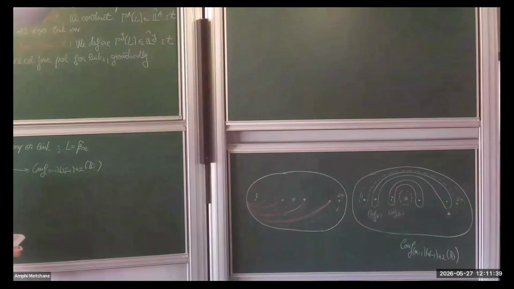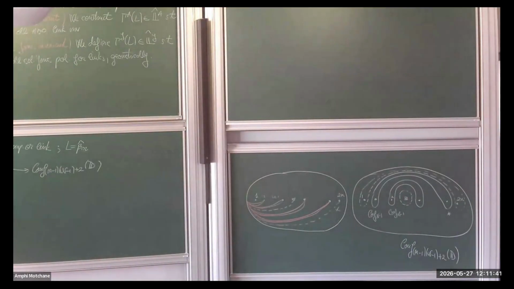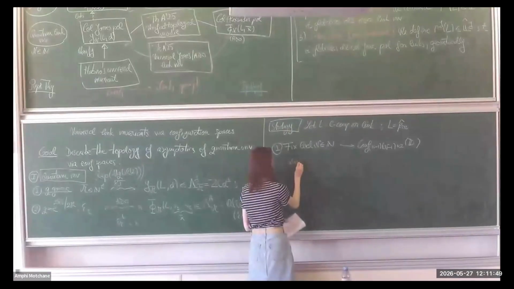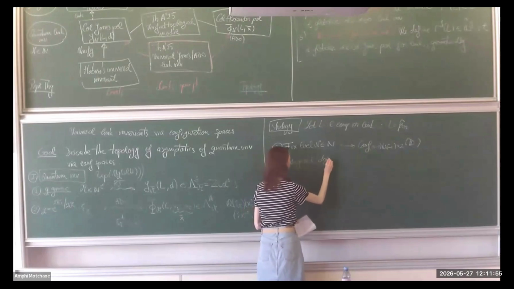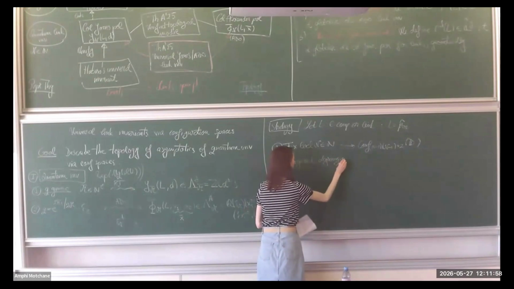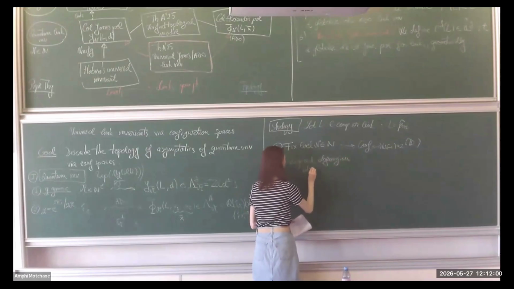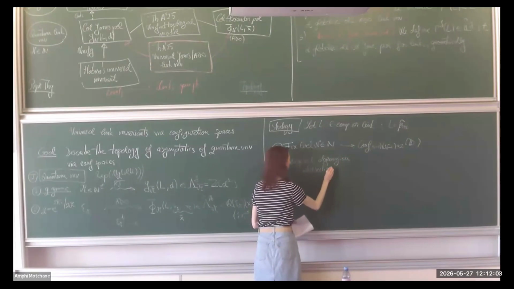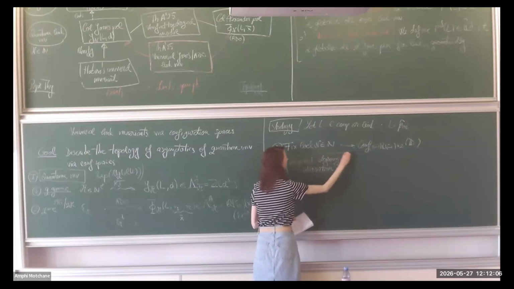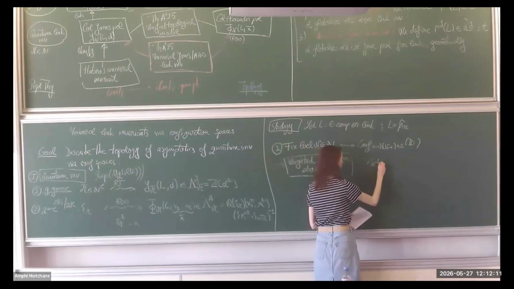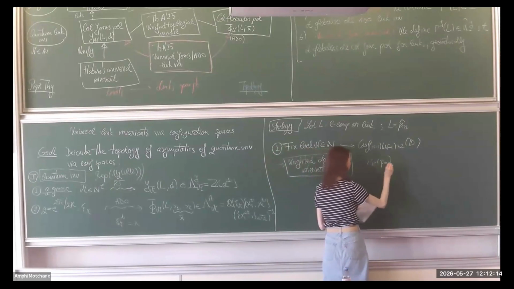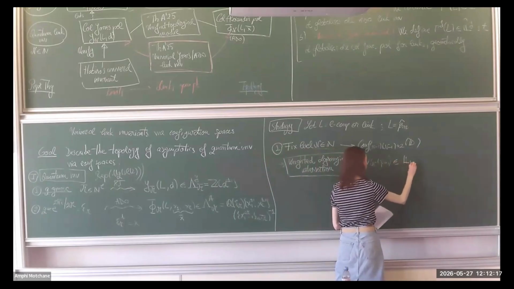And now in this configuration space, we'll define a graded Lagrangian intersection, which I will denote by gamma n, which will depend on beta, and it will belong to a polynomial ring.